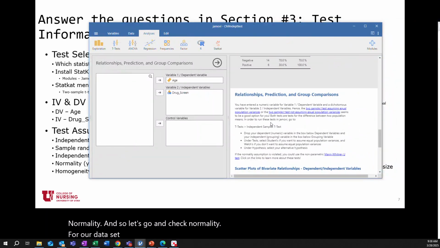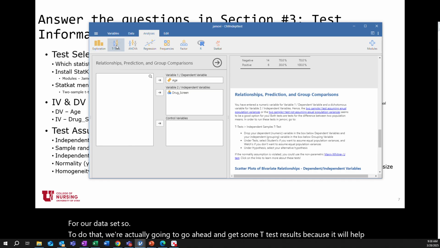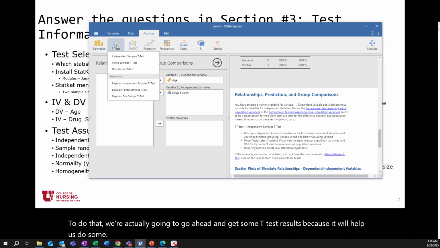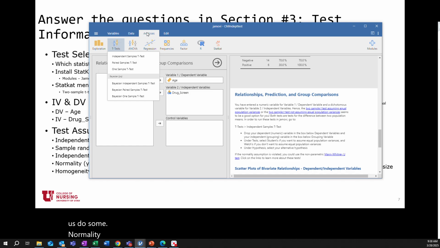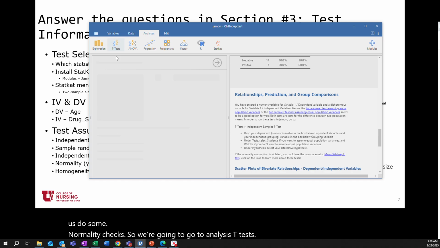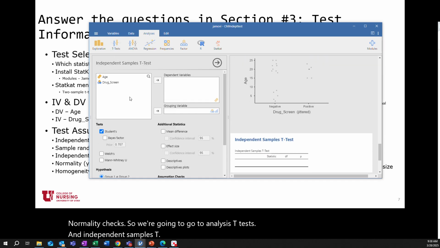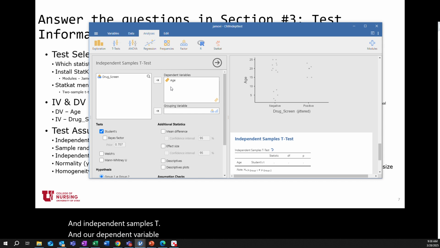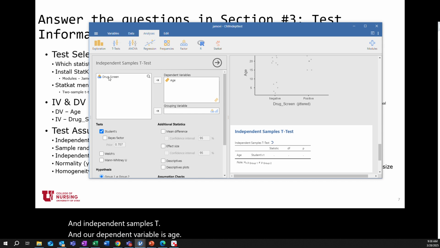So to do that, we're actually going to go ahead and get some t-test results, because it will help us do some normality checks. So we're going to go to analysis, t-tests, and independent samples t-test. And our dependent variable is age, and our grouping variable is drug screen.